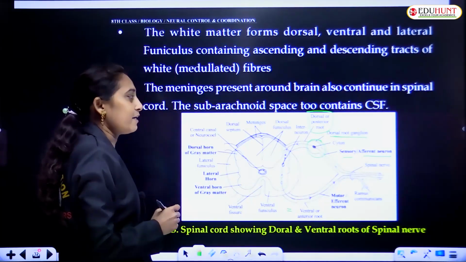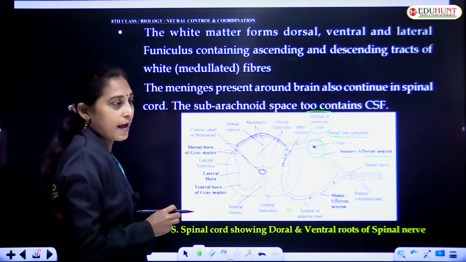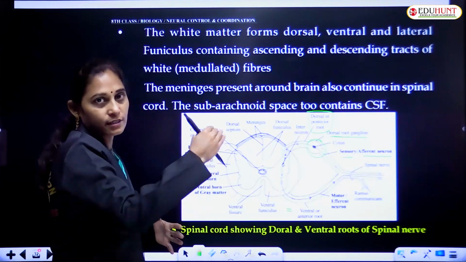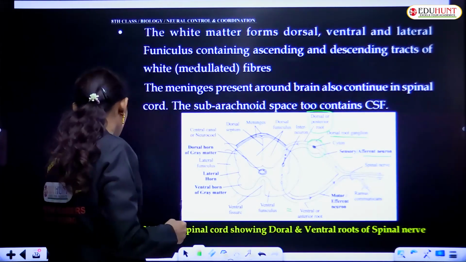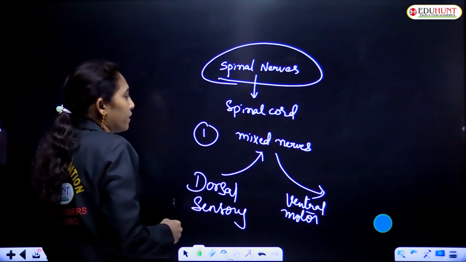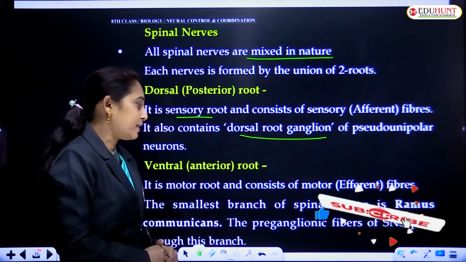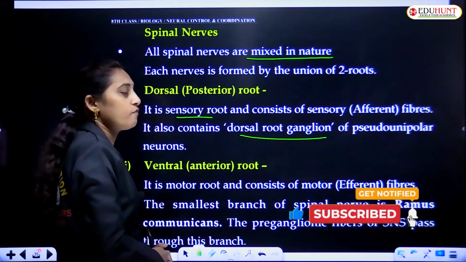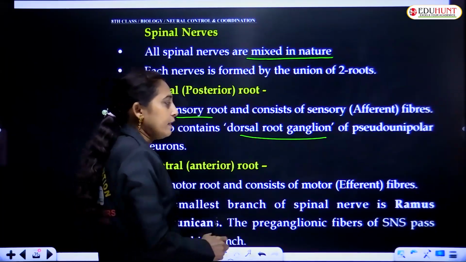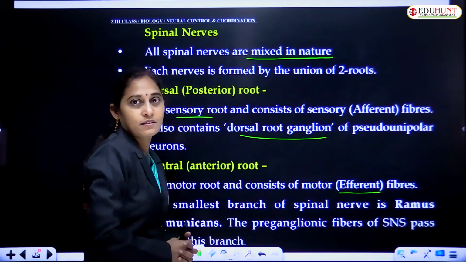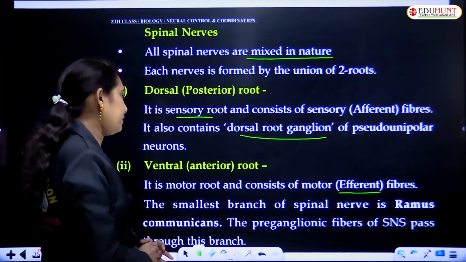These pseudo-unipolar neurons form the ganglion in the dorsal root of the spinal nerve. Then the ventral or anterior root consists of motor or efferent fibers.